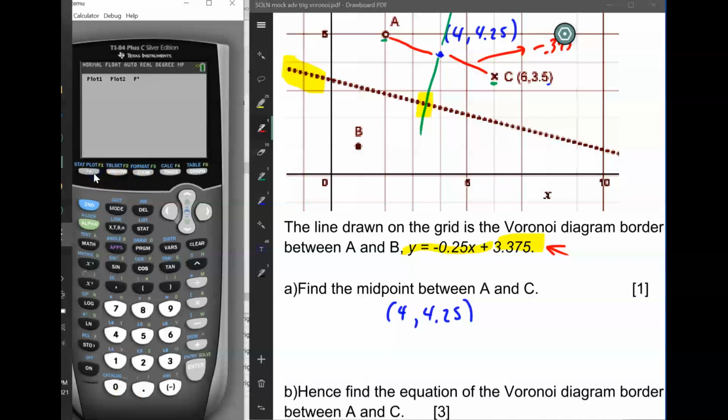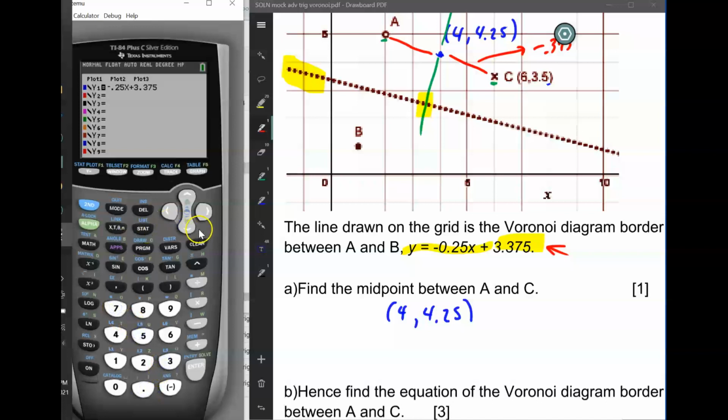So we go to y equals, and we're going to clear these out. The first one is going to be negative 0.25x plus 3.375.